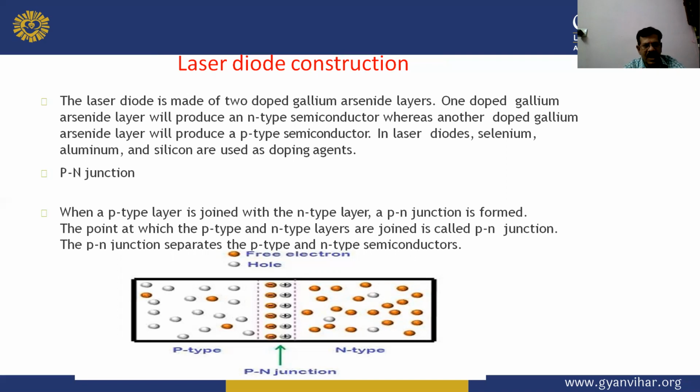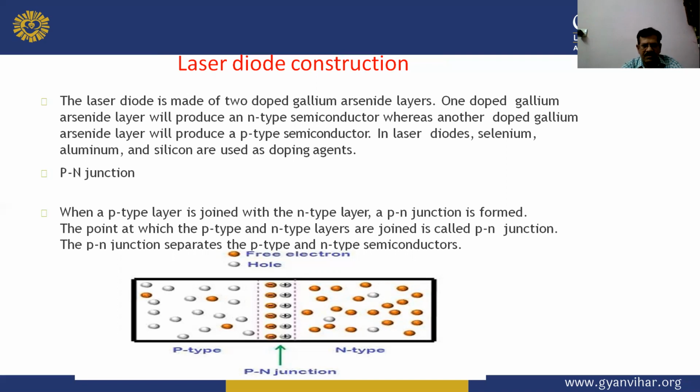When a p-type layer is joined with an n-type layer, a p-n junction is formed. The point at which the p-type and n-type layers are joined is called the p-n junction.